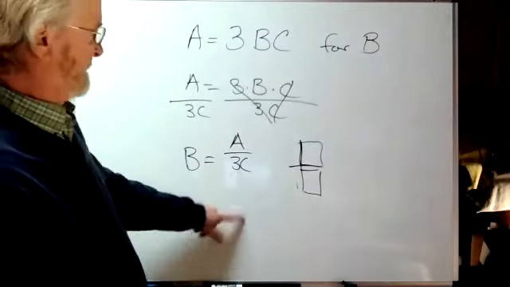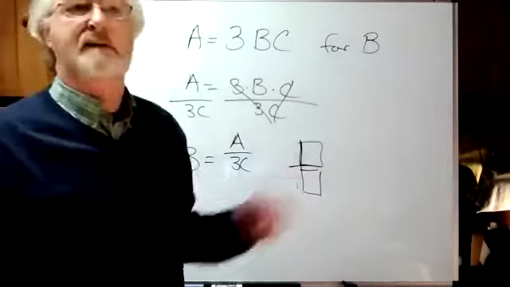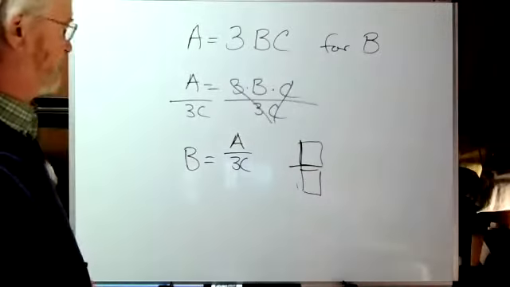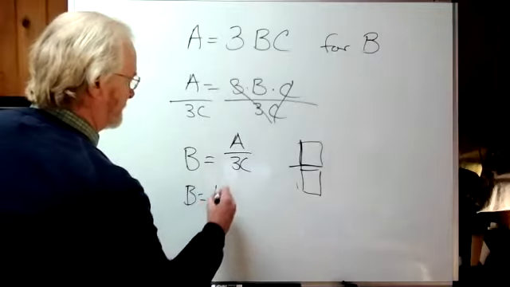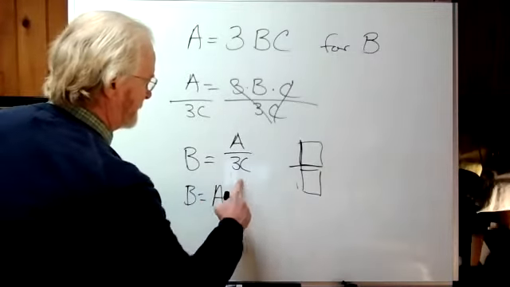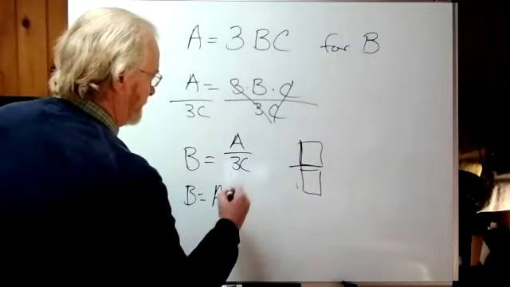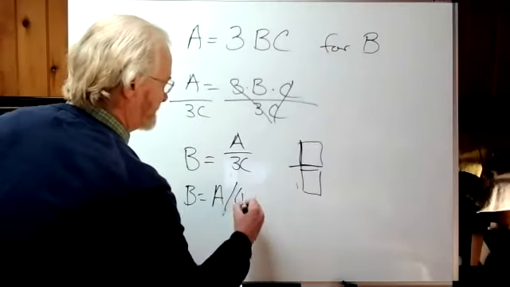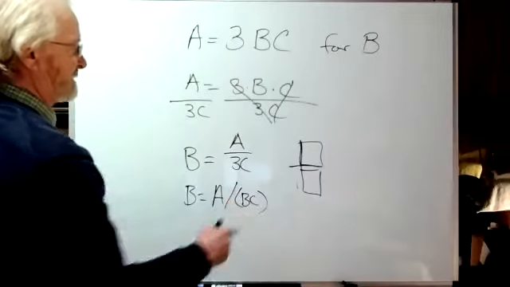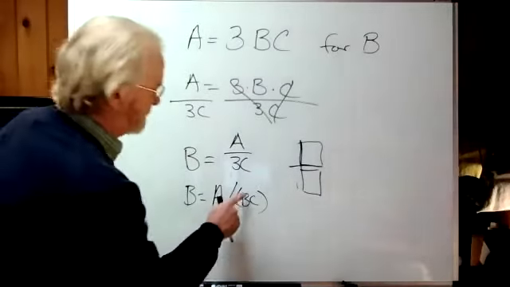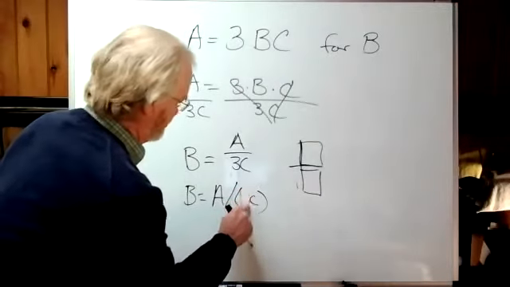If I was trying to write this horizontally, those are two factors in a denominator. Divided by, I need parentheses, B times C. Oh, I'm sorry, that's a 3. I was mixing up problems here.